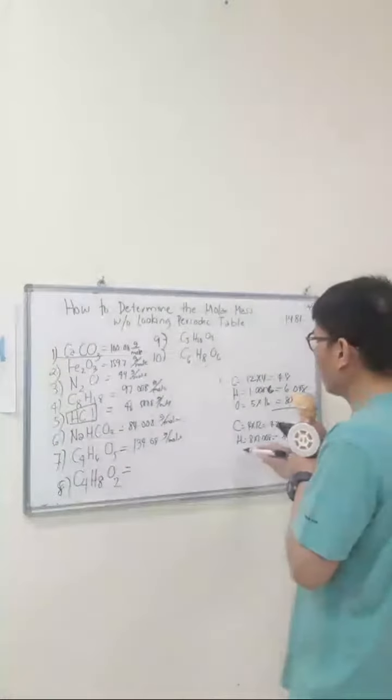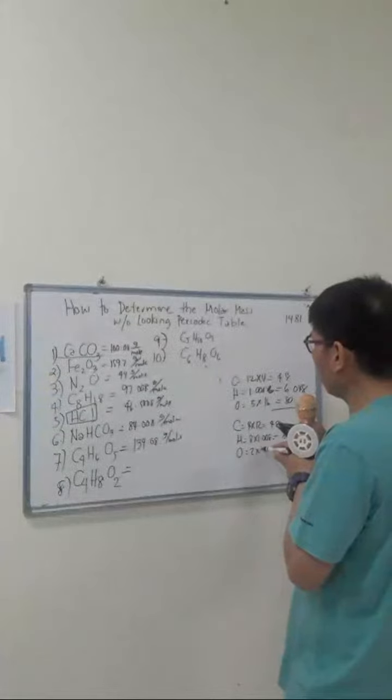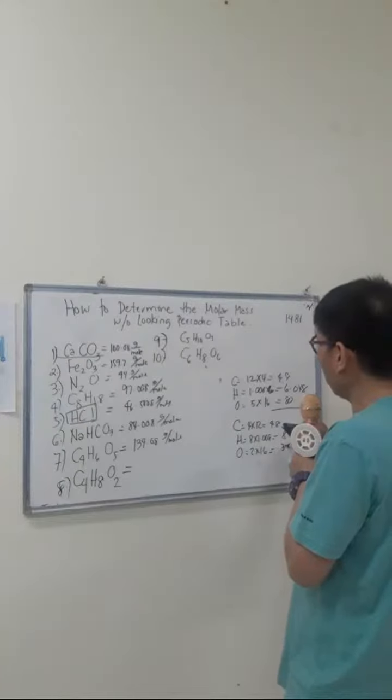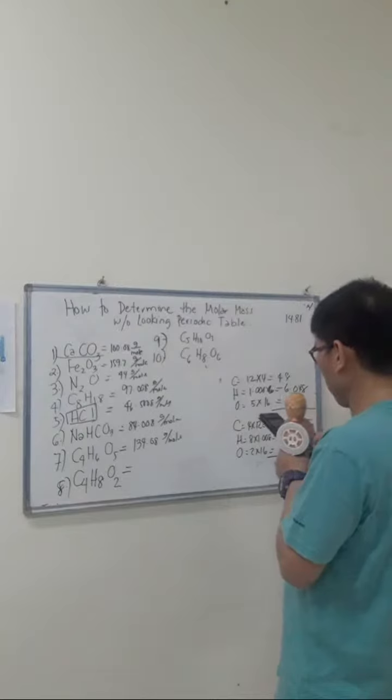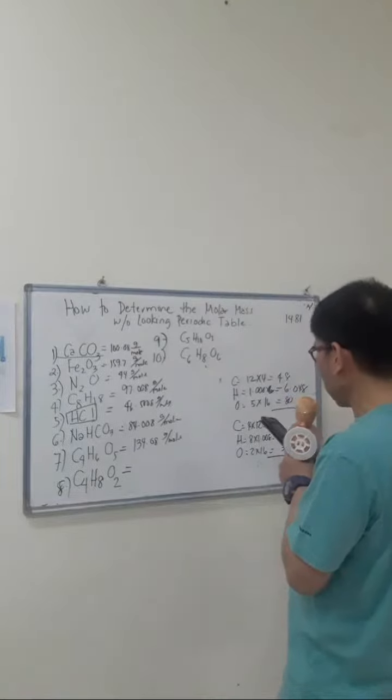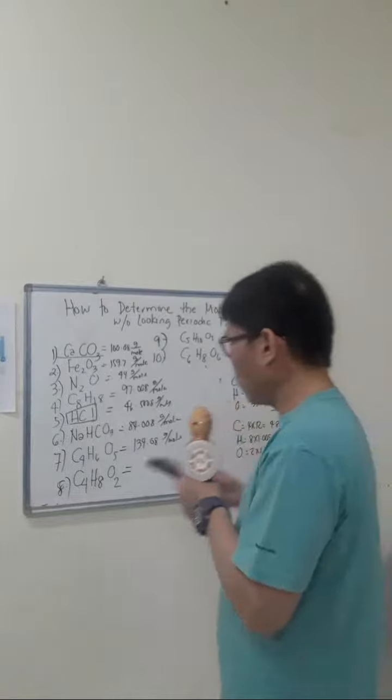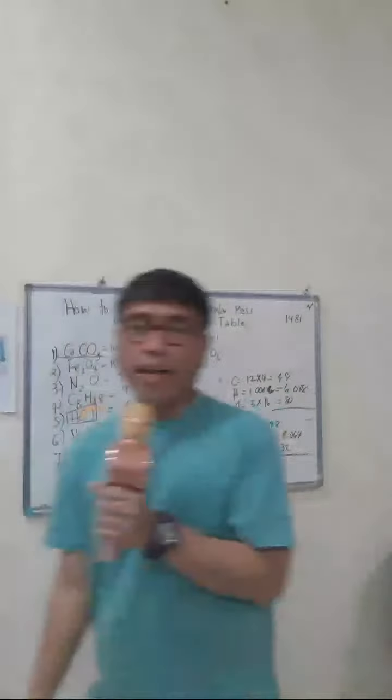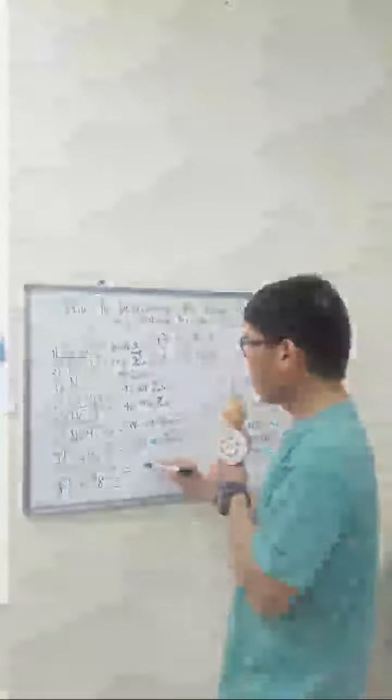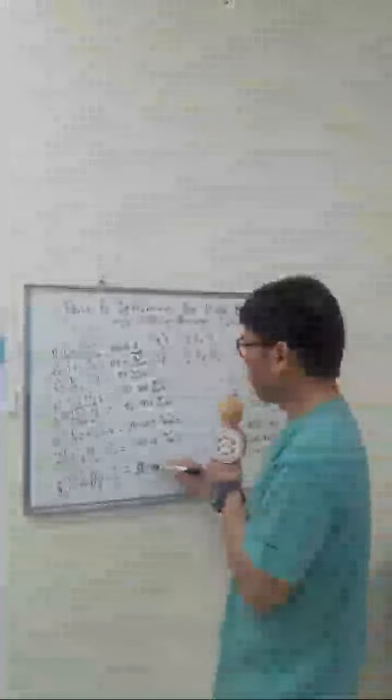And then oxygen is 2 times 16, 32, right? The total will be 8.064 plus 32 plus 48 is equal to 88.064. 88.064 is our molar mass of butyric acid.